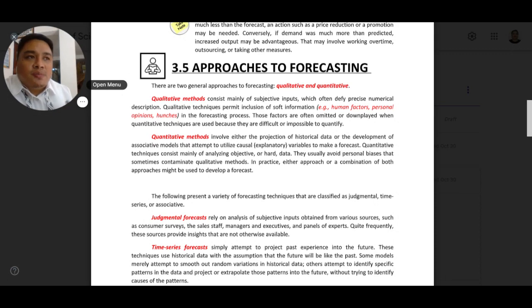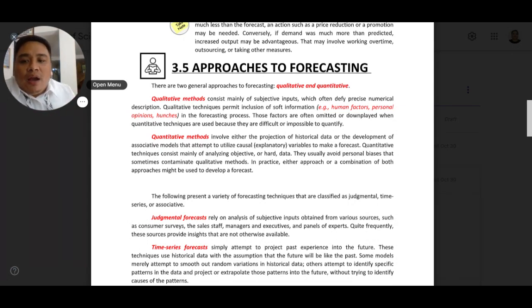Nagbe-base sila sa experiences from the higher top level management, coming in also from our consumers, sa mga knowledge nila in terms of the information that they can gather. Okay? So there are different aspects. Later on, we will try to talk about the qualitative methods.